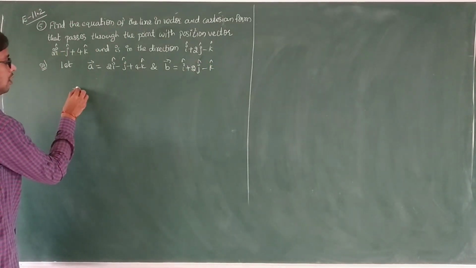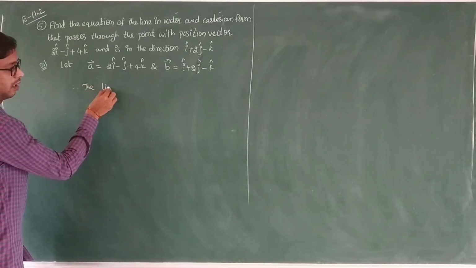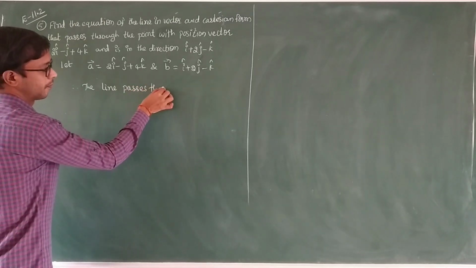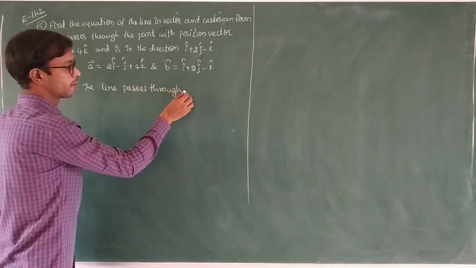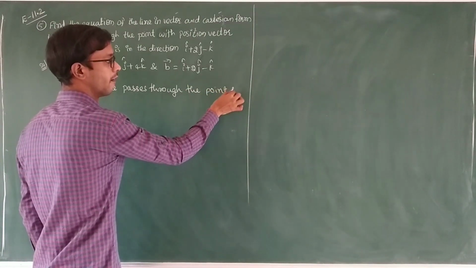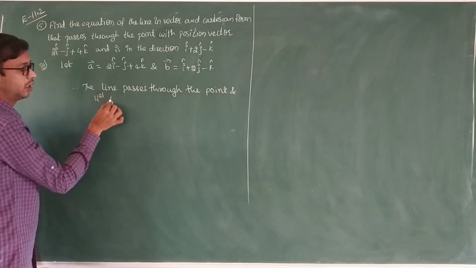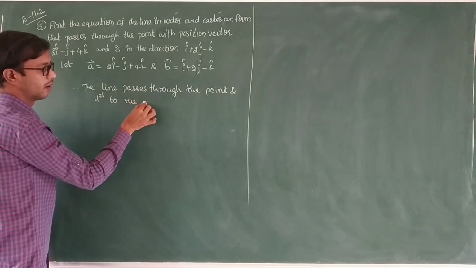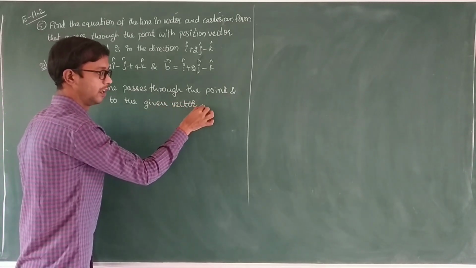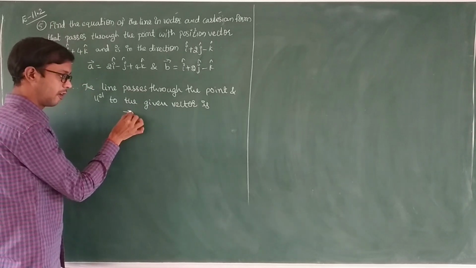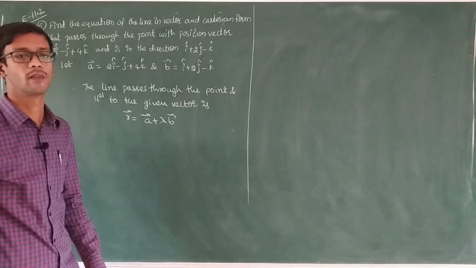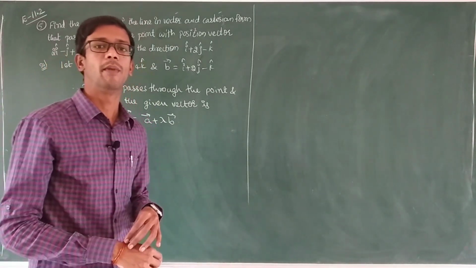We know that the line passing through the point and parallel to the given vector has the vector form R bar is equal to A bar plus lambda B bar.